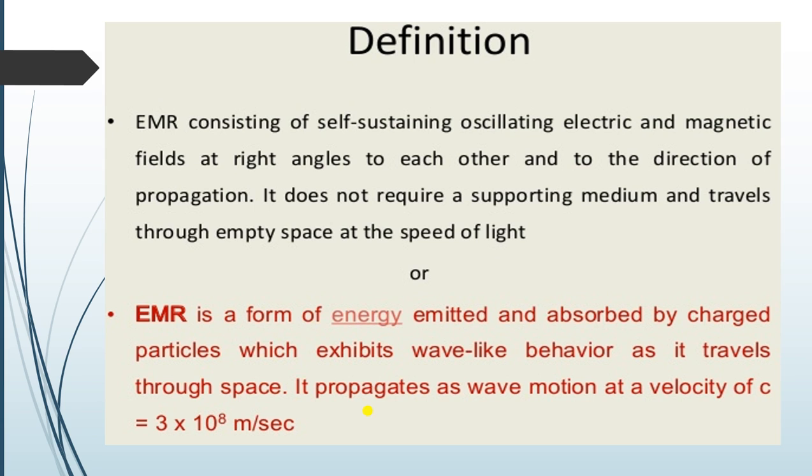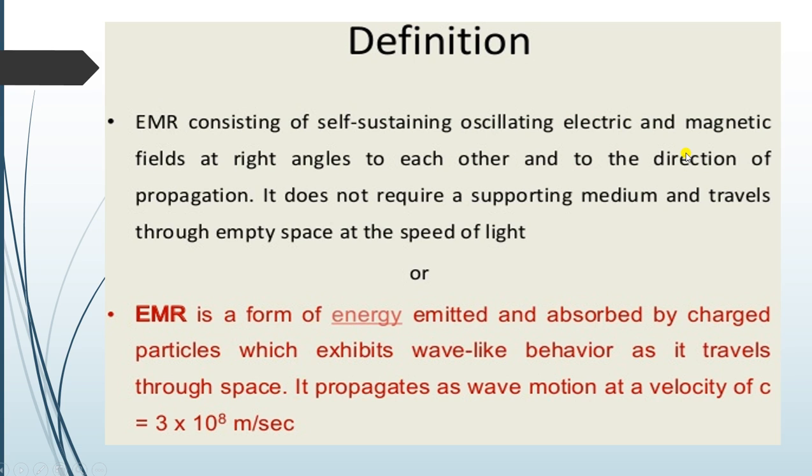We can simply think of light as traveling in the form of an arrow, a straight direction, but light actually propagates as a wave motion at a velocity of c, 3 into 10 raised to 8 meter per second. In 1 second, it can travel that much distance.